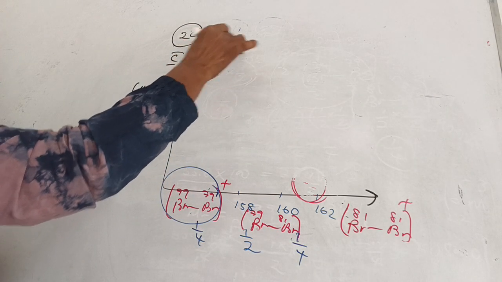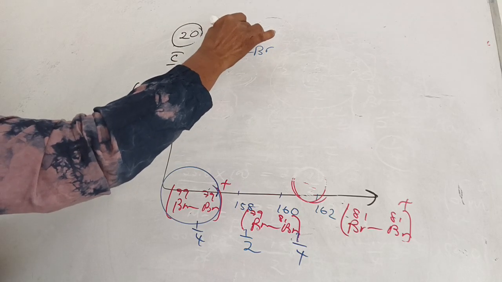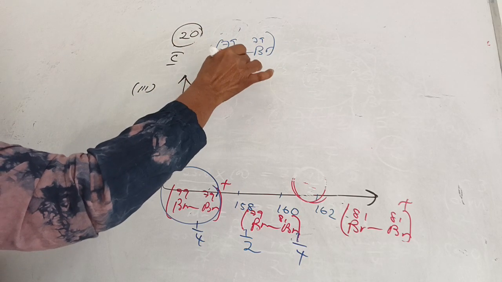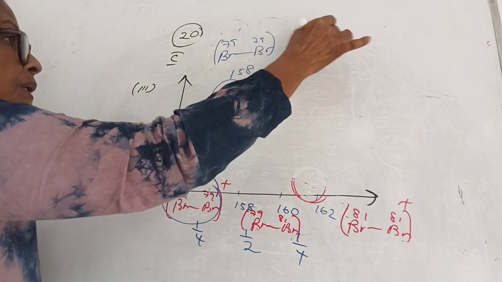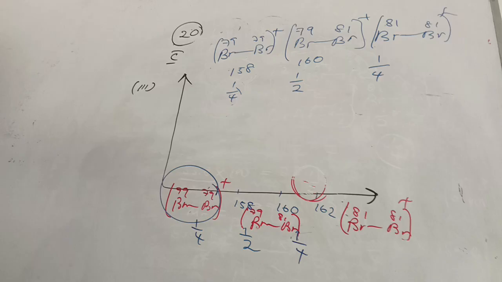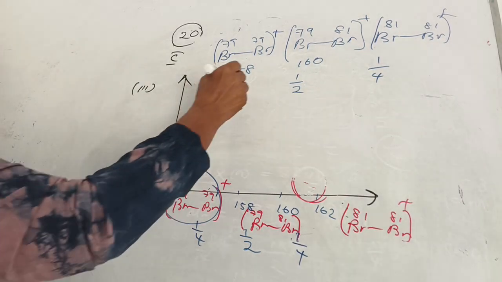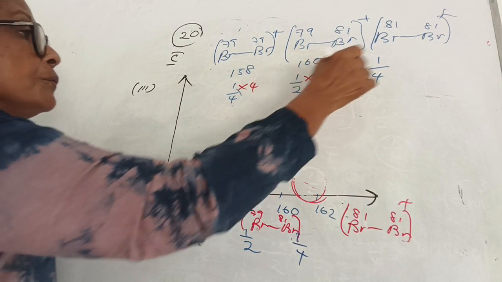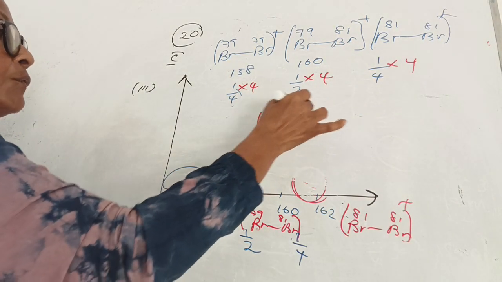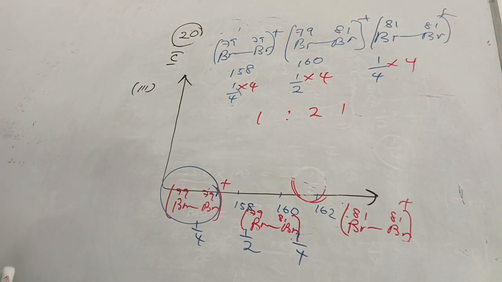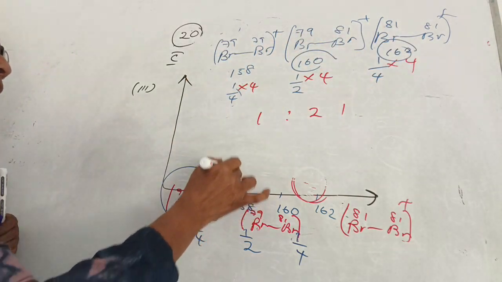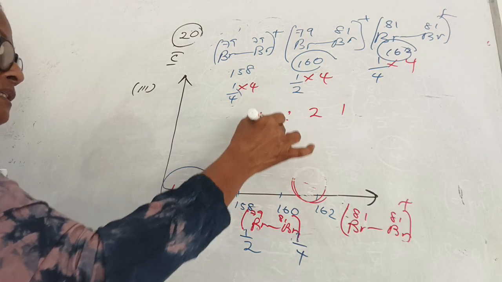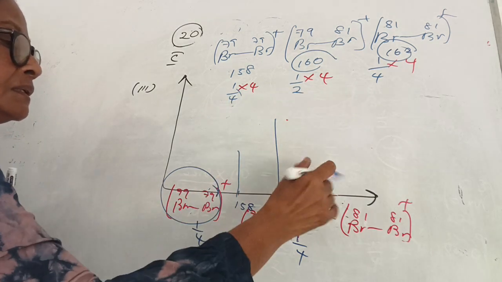So this ratio, multiplying everything by 4, is 1 to 2 to 1. The peaks at 158, 160 and 162 should be in the ratio: if 158 is 1 time, 160 should be 2 times.